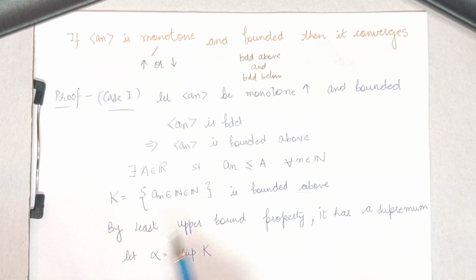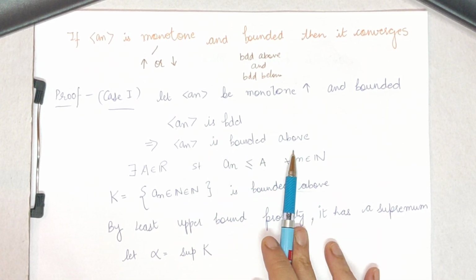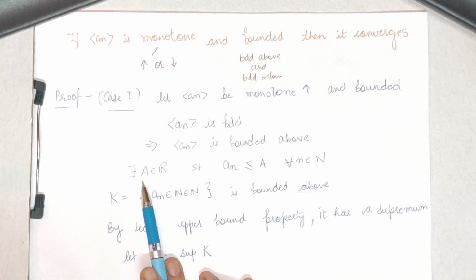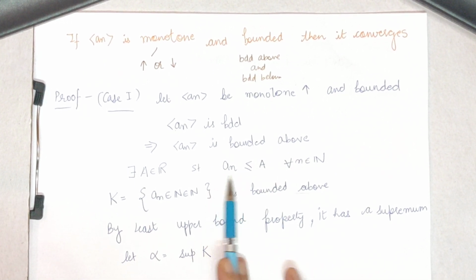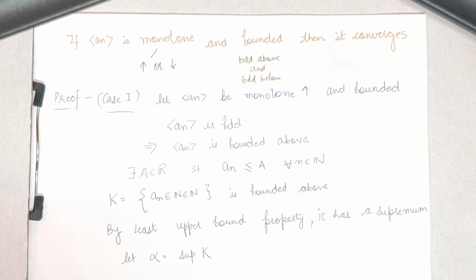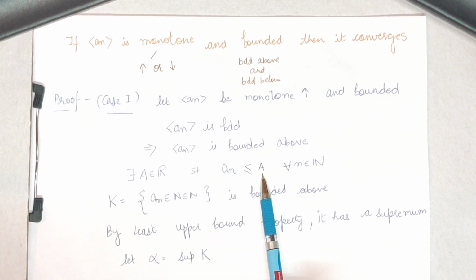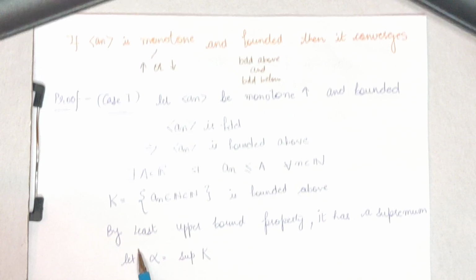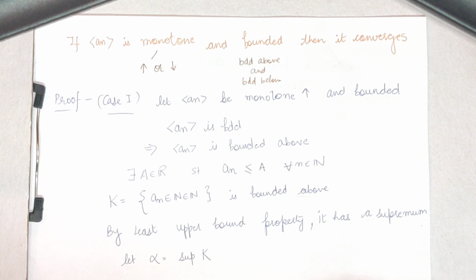I'll again go through. an is monotonically increasing. We have to use the bounded above part. Bounded above means there exists some real number which is greater than or equal to every member of the sequence. So if I make a set with every member of the sequence, we get that this set K is bounded above by this A. Now by the least upper bound property, this set will have a supremum or least upper bound.